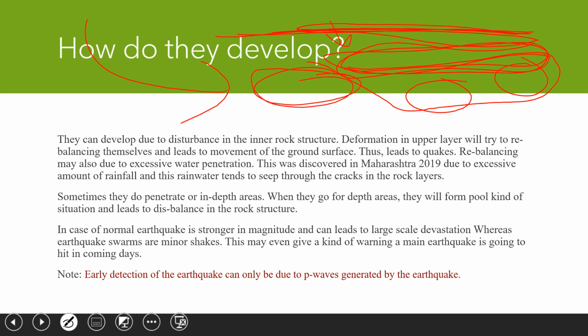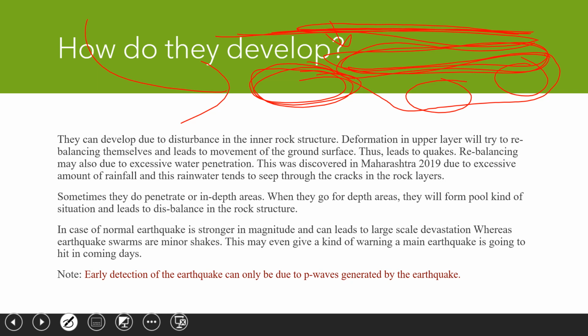Now this causes a situation of regular earthquakes. It may continue for more than one month, two months, or even continuously for years. Because your earth, the soil beneath the earth, is not an open structure, not an open space. So whatever happens, it will happen slowly.